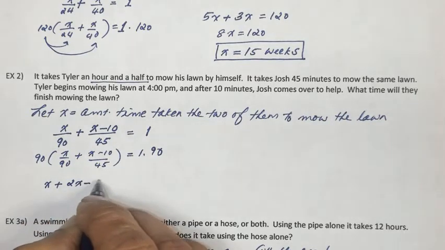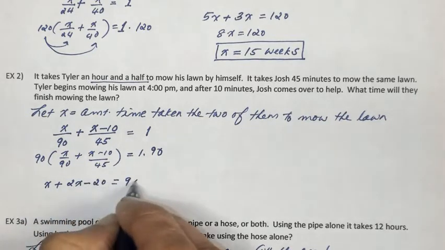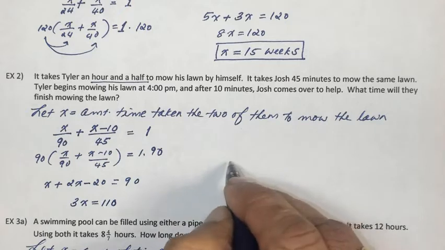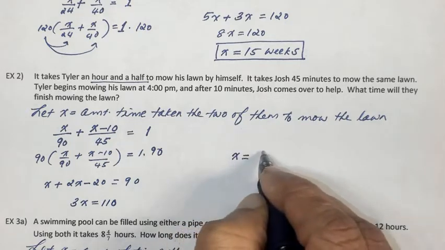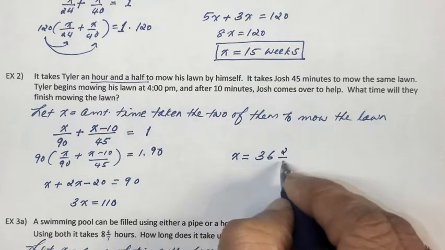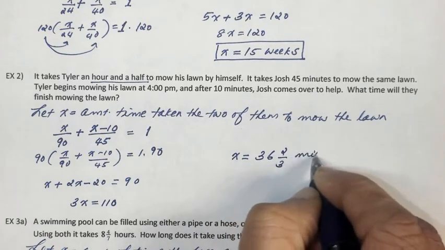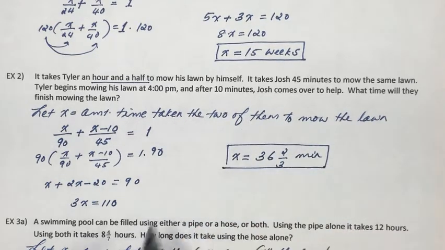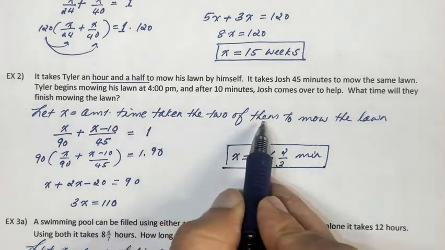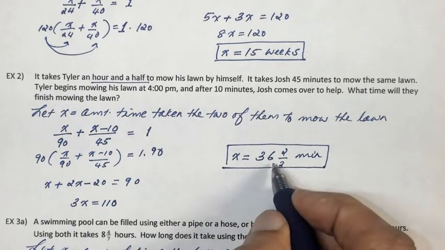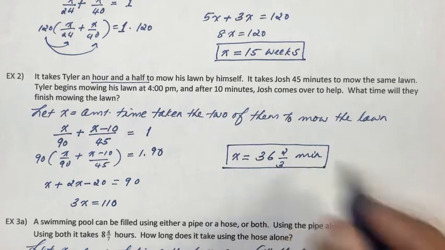So 3x minus 20 is equal to 90. So it'll be 3x is equal to 110, or x is equal to 36 and 2/3 minutes. Okay, so the answer is, the amount of time taken by the two people to mow the lawn is going to be 36 and 2/3 minutes.